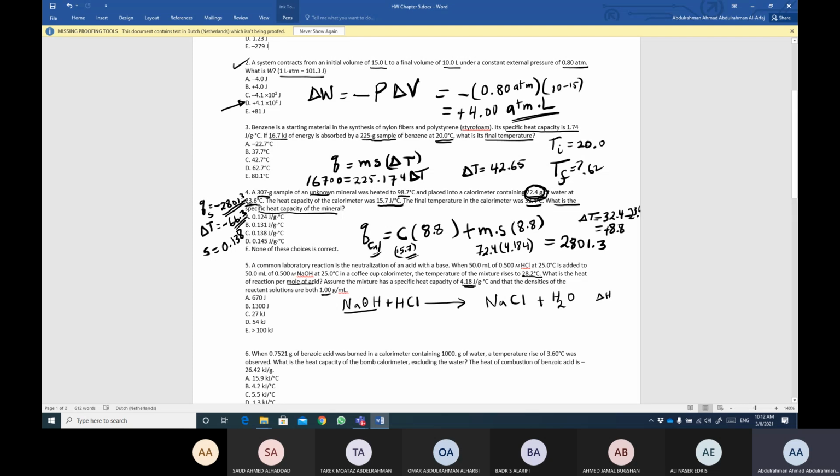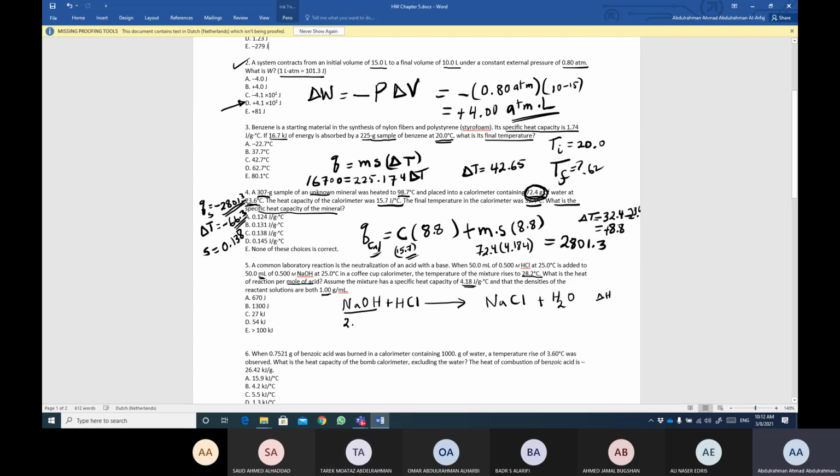What's the amount of NaOH? How many moles? 0.25? No, there's milliliter. You have to change it to liter. Yes, I have to change it.